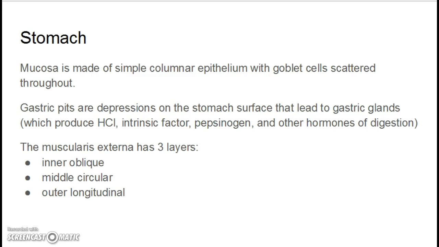And the glands are where the hydrochloric acid, intrinsic factor, pepsinogen, and some other digestive hormones are being produced. Then as we look at the muscularis externa, we will look at three different layers of muscle: an inner oblique layer, middle circular, and outer longitudinal.